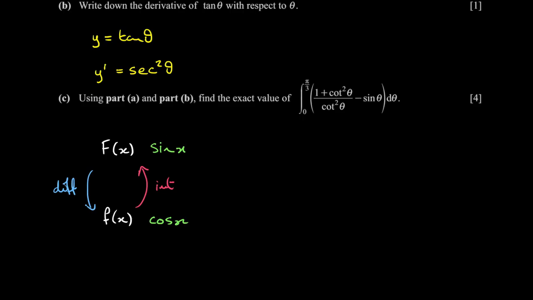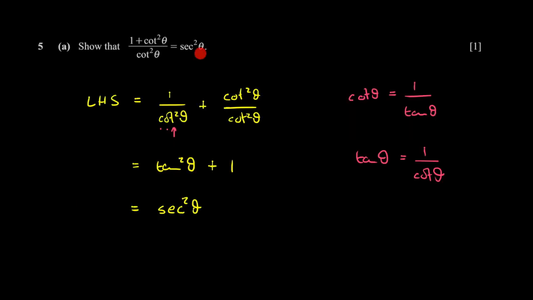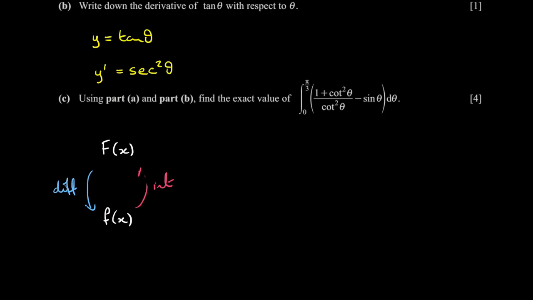Okay, so how are we going to use this? Well, the first thing is that we can replace this expression, 1 plus cot squared theta over cot squared theta, with sec squared theta from part A. So we can start by saying we are doing the integral of sec squared theta minus sine theta d theta.